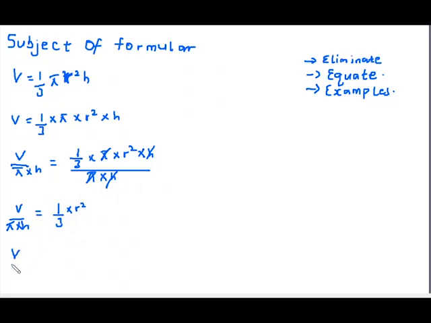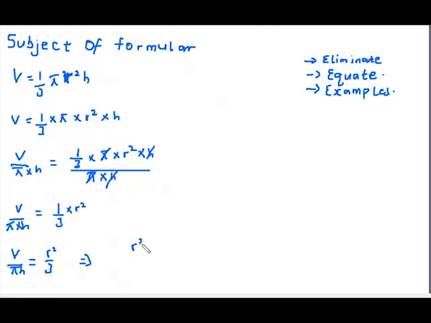And then this is also equal to v over pi h, which is equal to r squared over 3. This implies that since I have r squared over 3 and then v over pi h, I have to multiply through by 3 to cancel out the 3 on the side of the r squared.